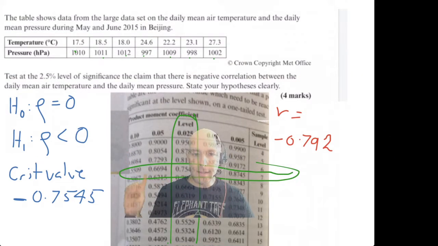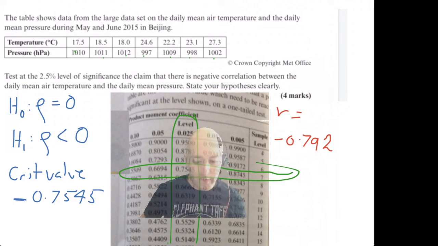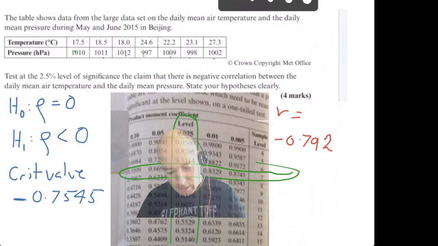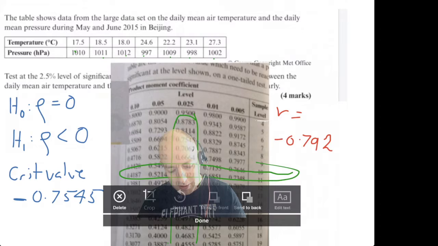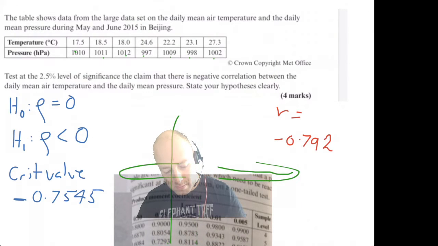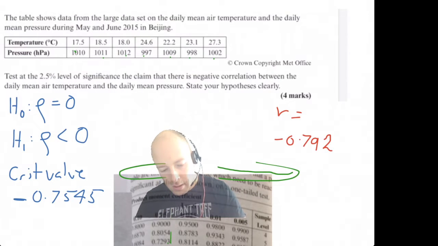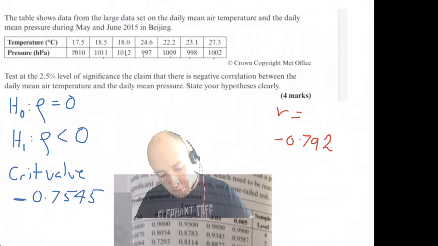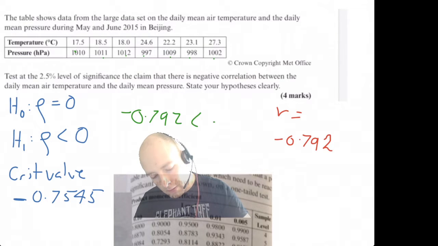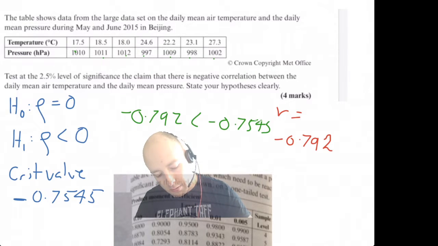That is less than that. So that is a critical value. So we say, if I get rid of this graph for now, no, it's huge. There you go. Oh my god. Cool. All right, so we're going to say minus 0.792 is less than minus 0.7545. Therefore critical.